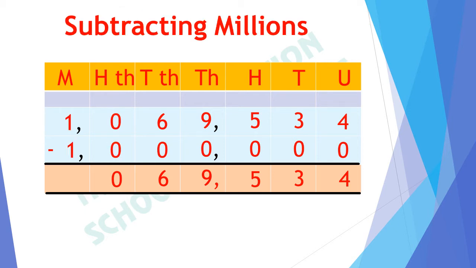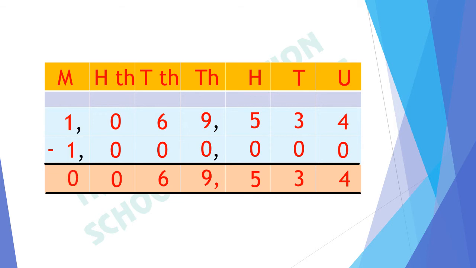Now we will move towards millions. We have to subtract 1 out of 1. If we subtract 1 from 1, we get 0. We don't write 0 in the highest place value. It means 69,534 books he has to sell.